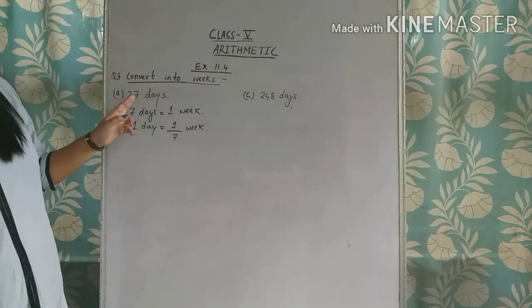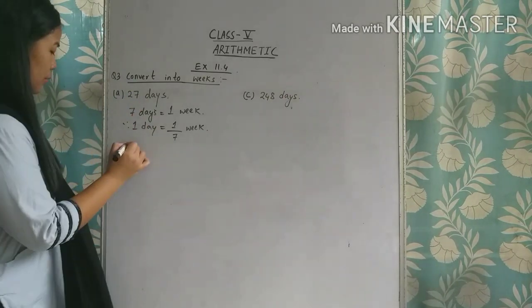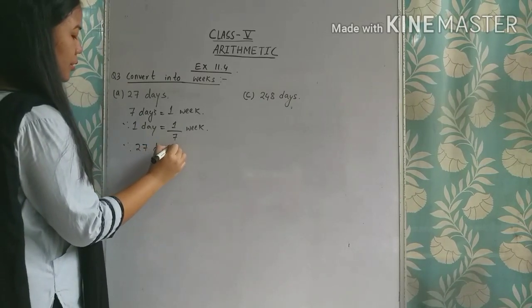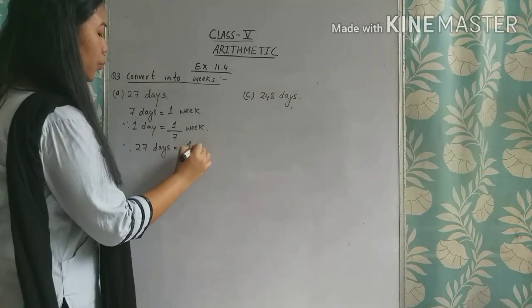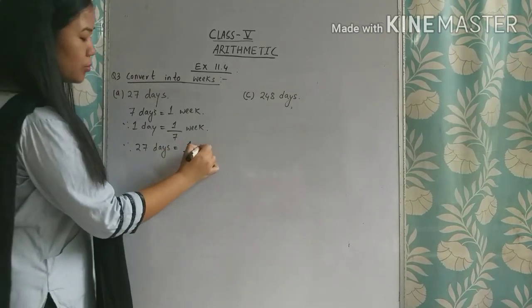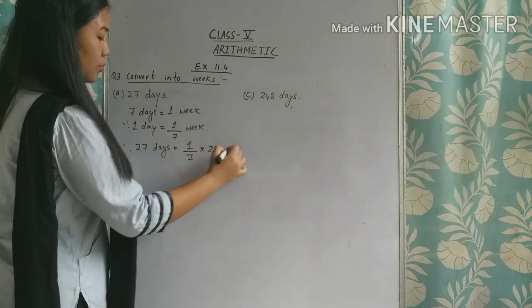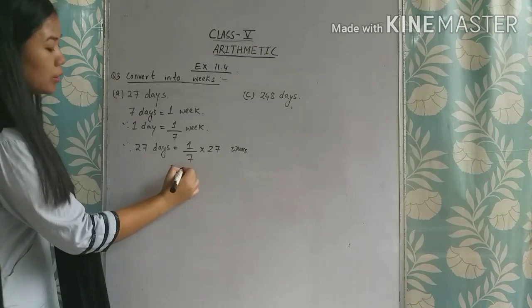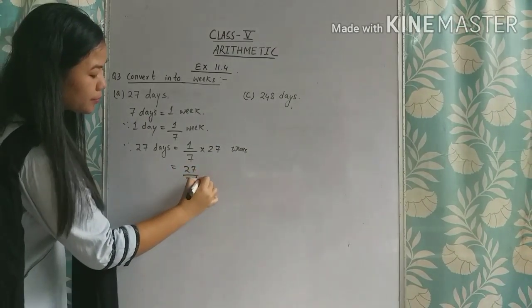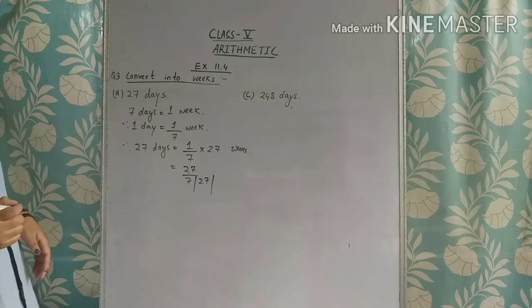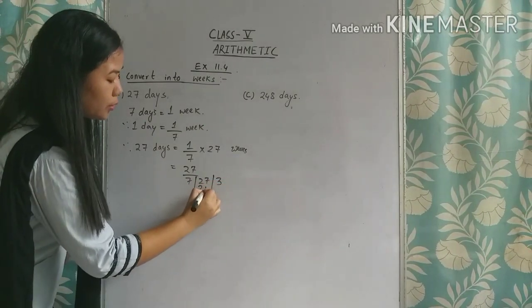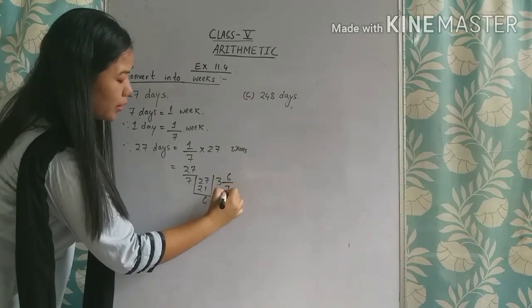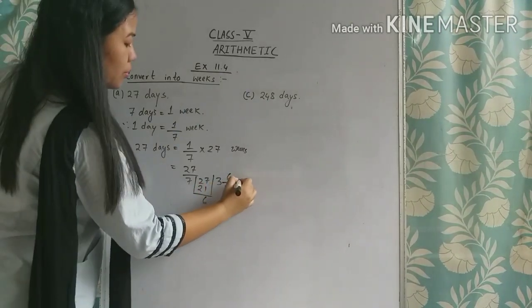Now we will convert these 27 days into weeks. 27 days equal to, we will multiply 1 by 7 into 27 weeks. Since we cannot cut it, we will directly divide it. 7 3s is 21. 6. So 3 whole 6 by 7 weeks.